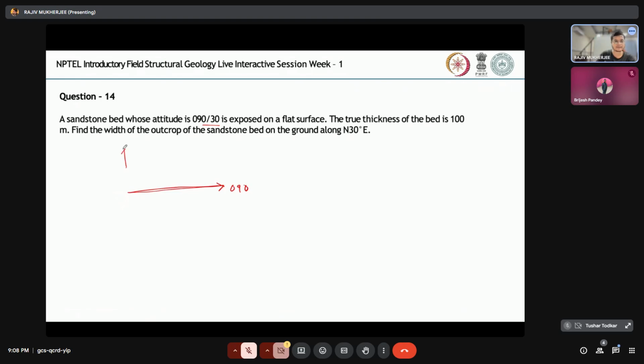This is north. So if the strike is east-west, then in terms of the right-hand rule, it will be dipping towards the south, right?